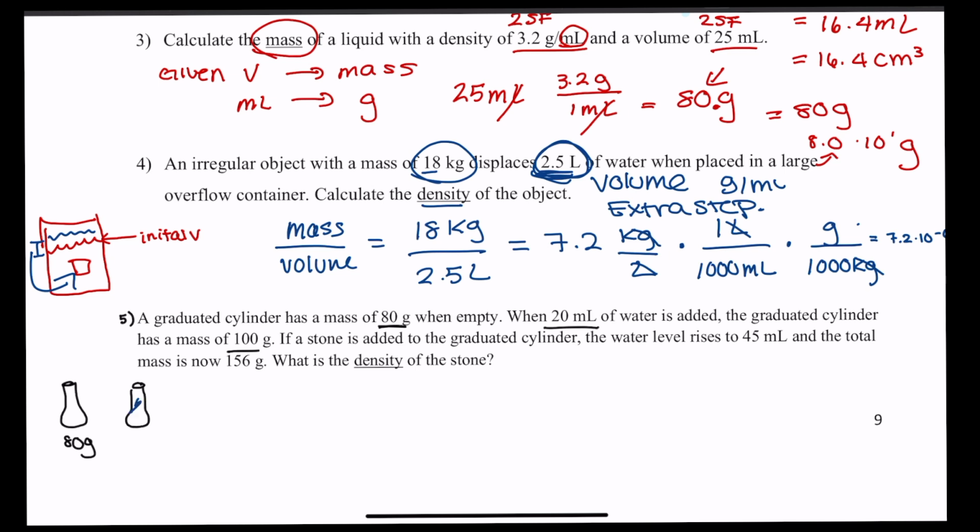So if we add 20 milliliters, our mass is 100 grams. If a stone is added to the graduated cylinder, the water level rises to 45 milliliters and the total mass now is 156 grams. What is the density of the stone?